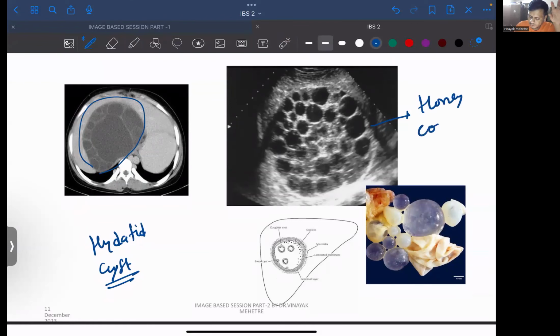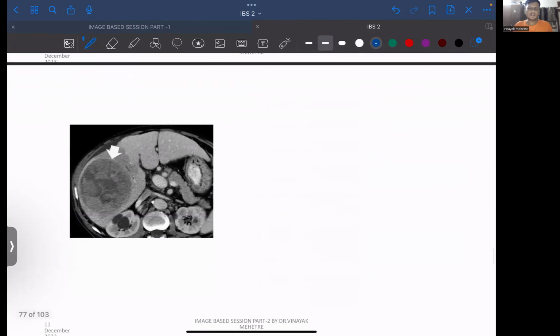Honeycomb appearance. मधुमक्खी का छत्ता, okay, right? हनी जो बीज होती है वो किस पे बैठती है, उनके छत्ते पे, that is called honeycomb appearance. ओके, यस करेक्ट. अब कंफ्यूजन किस में होगा? कैंसर और हाइड्रेटेड सिस्ट, कंफ्यूजन इसमें होना है.